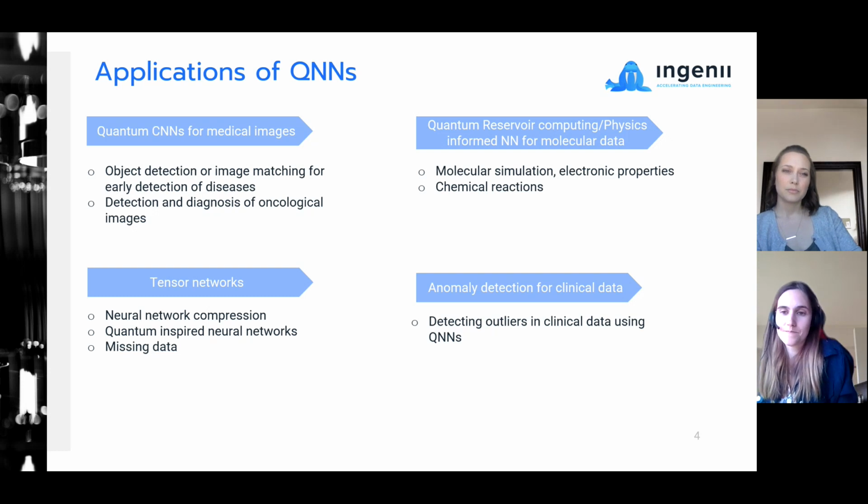So if you have lighter skin, it was easier to get more accurate detections. But if your skin is darker, it was harder to detect skin cancer. So we could also look at that and see how we could use quantum neural networks to try to reduce this bias, and find more accurate predictions for everyone.